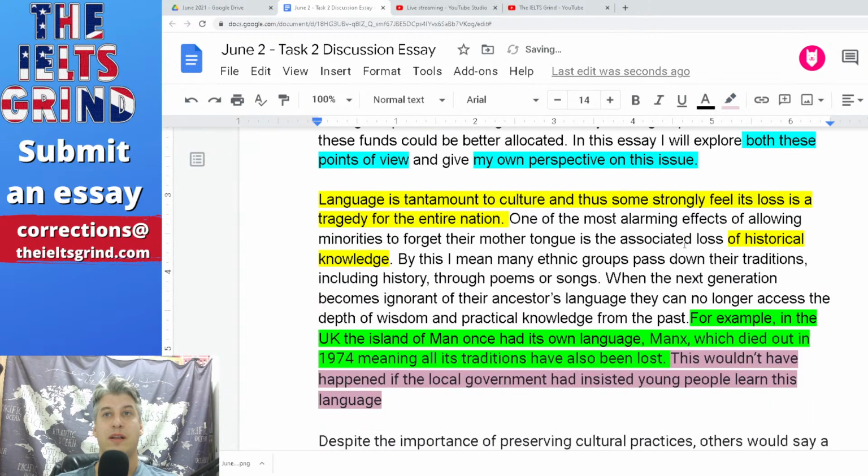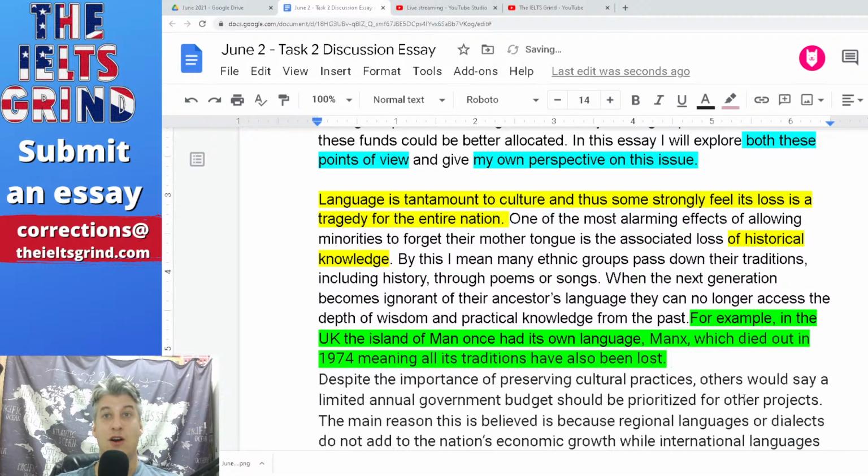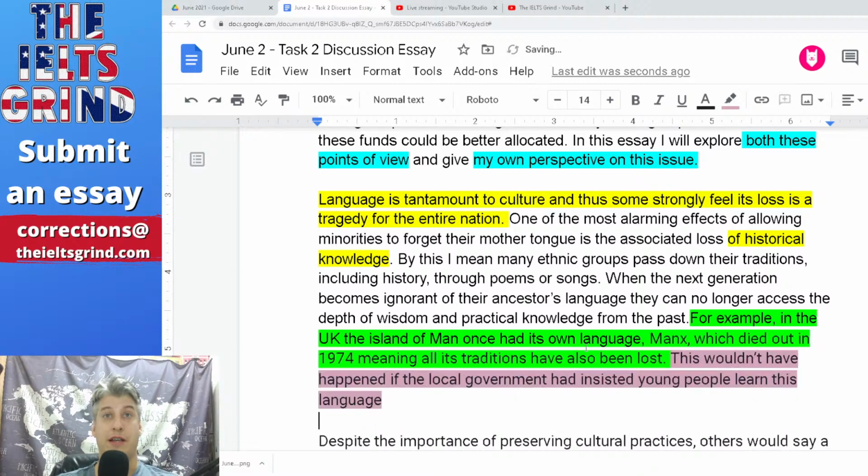So by adding this sentence at the end, I've remembered what we're talking about, and I've brought it back to the attention of the reader. Now, if I had actually not written that, I would have got a much lower mark, I think, because it wouldn't really be relevant. I was getting too far away from it.